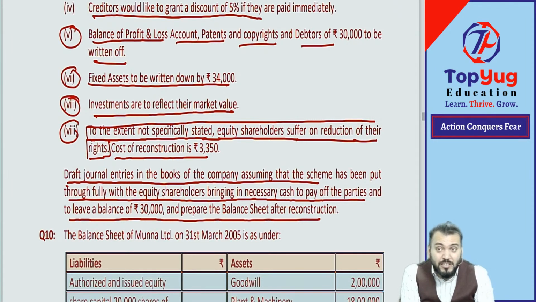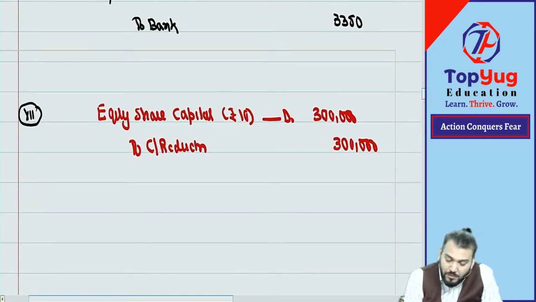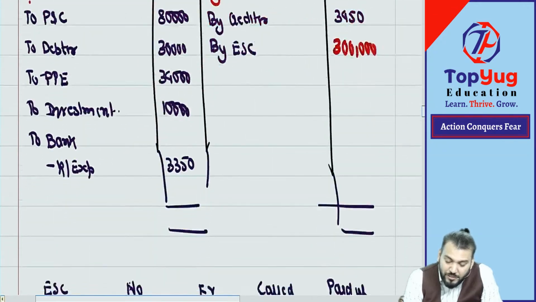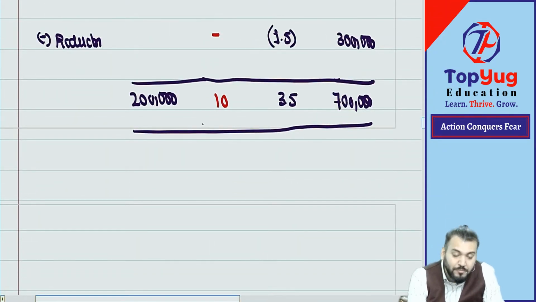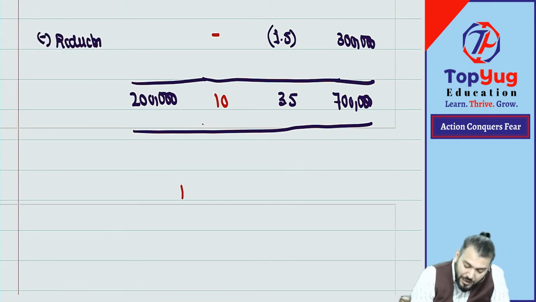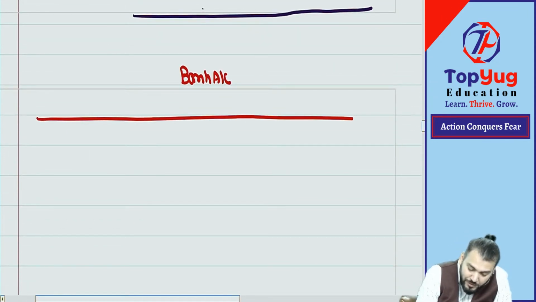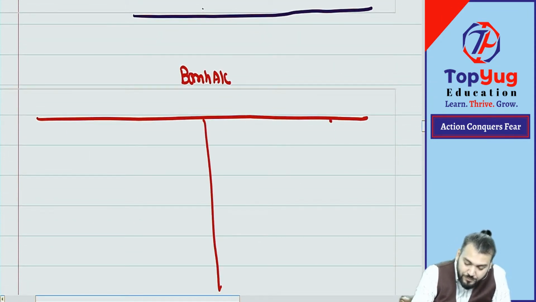Means equity shareholders will contribute cash, because it is understood that now it is partly called up shares. Means some amount will be called from equity shareholders. For that we need to prepare which account? Bank account. I will prepare, you will prepare, and you will give me the amount to be brought by equity shareholders.